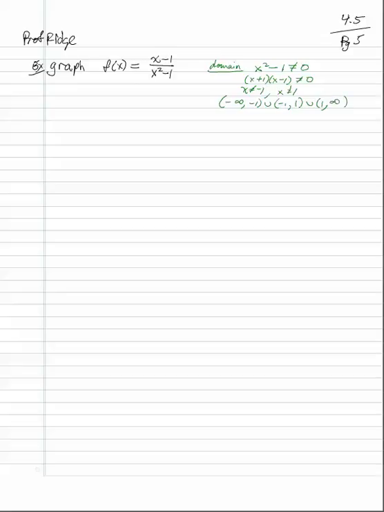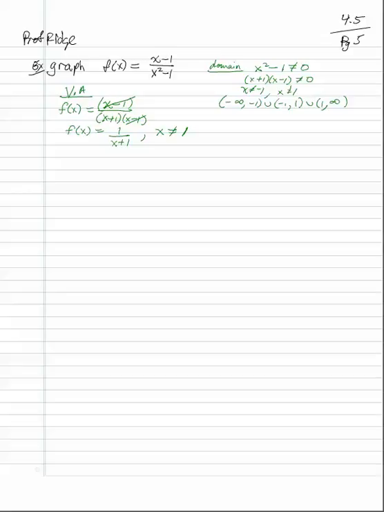1 and negative 1. And then we also want to talk about vertical asymptotes. So that's if we take f of x in reduced form, and notice the bottom's x plus 1, x minus 1, if we factor it, that cancels out, so we get f of x equals 1 over x plus 1, provided x is not equal to positive 1, because that's the one we canceled out.